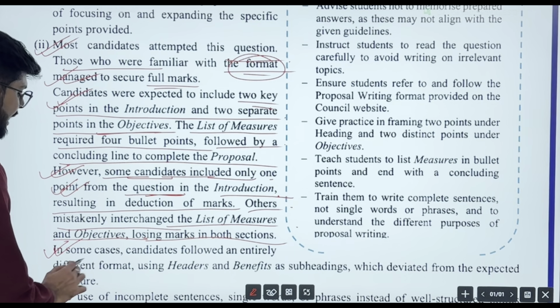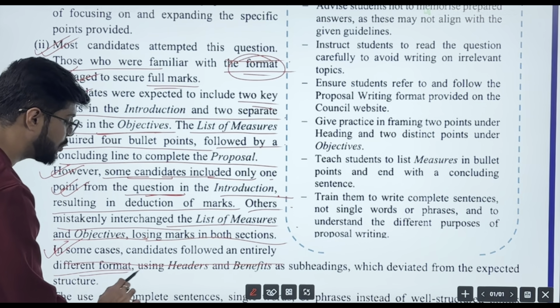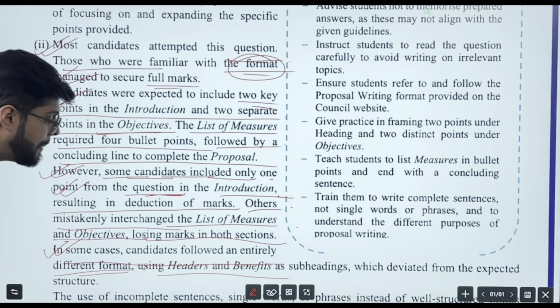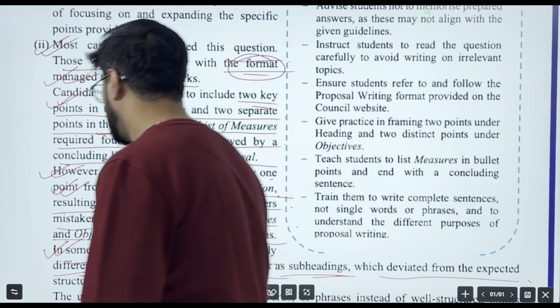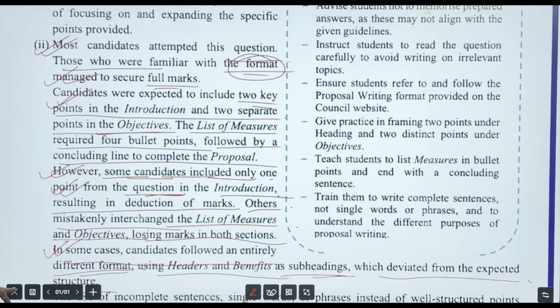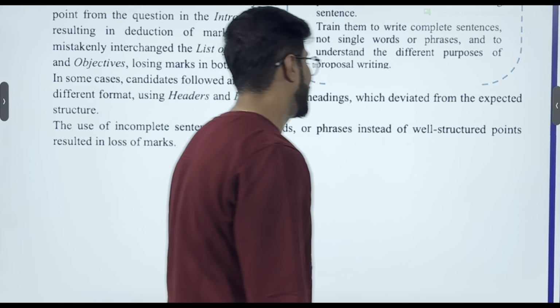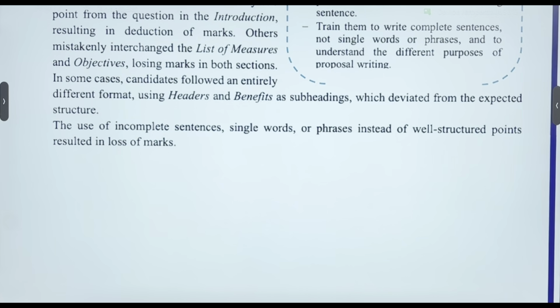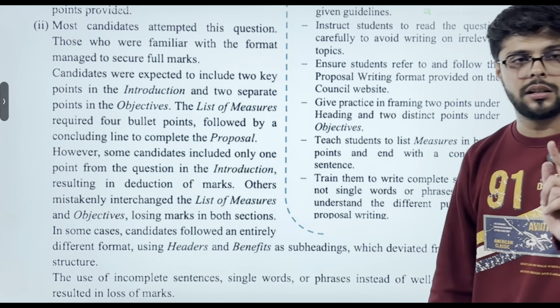In some cases, candidates followed an entirely different format using headers and benefits as subheadings, which deviated from the expected structure. And the use of incomplete sentences, single words or phrases instead of well structured points resulted in the loss of marks. So you have to keep all these things in mind so that you don't make these same mistakes.